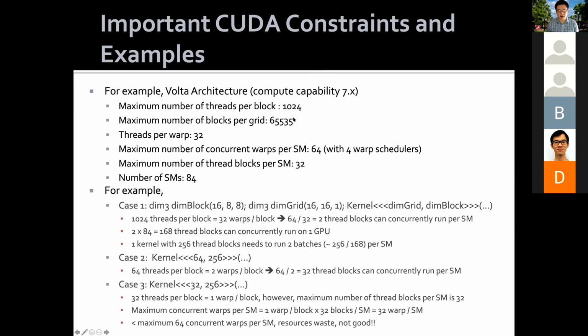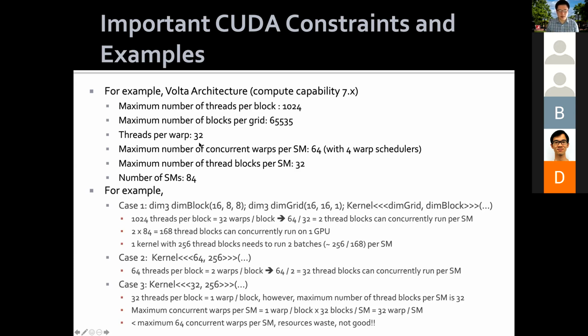You can consider how much data you can deal with if you only want one thread to deal with one data point. For example, maybe 2 gigabytes or 3 gigabytes or 4 gigabytes; you can calculate the amount of data size.